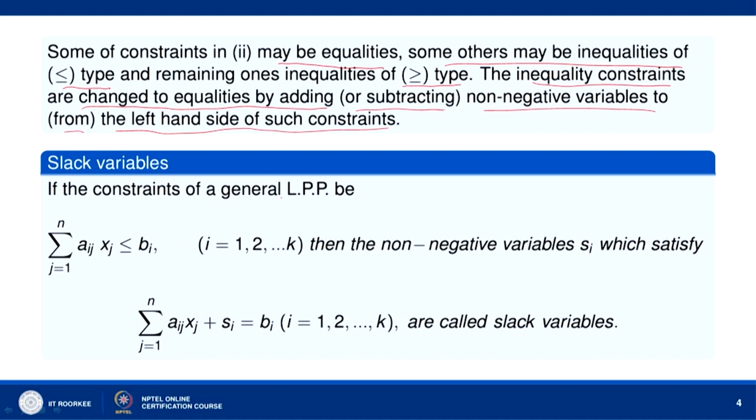Suppose the constraints of a general LPP are sigma j equal to 1 to n, aij xj less than or equal to bi, i equal to 1 to k. You can see there are k inequalities, because when i is equal to 1, you get the first inequality a11 x1 plus a12 x2 plus ... plus a1n xn less than or equal to b1.